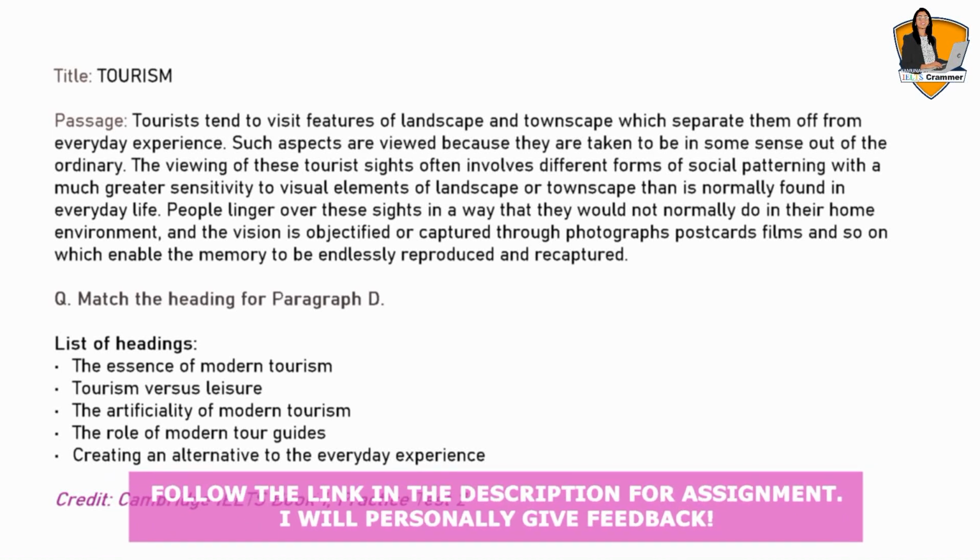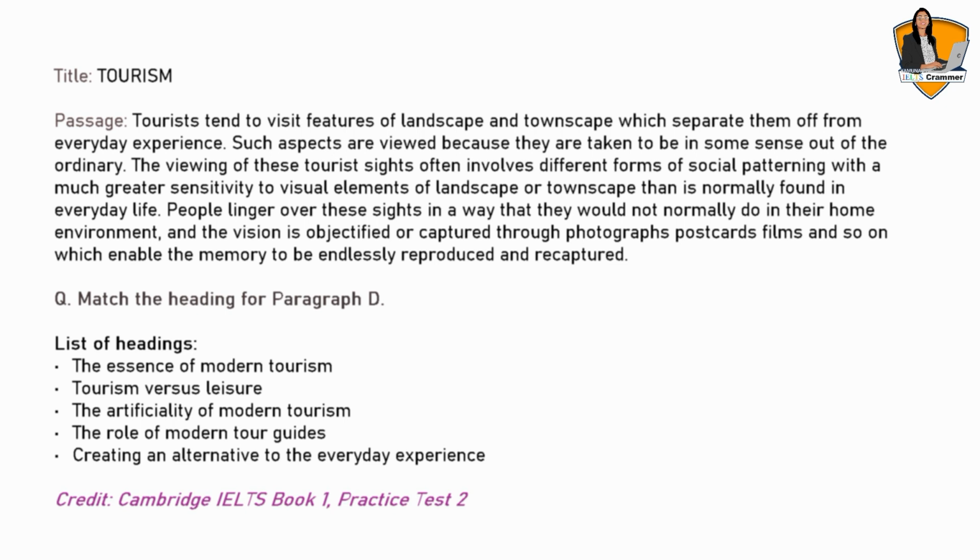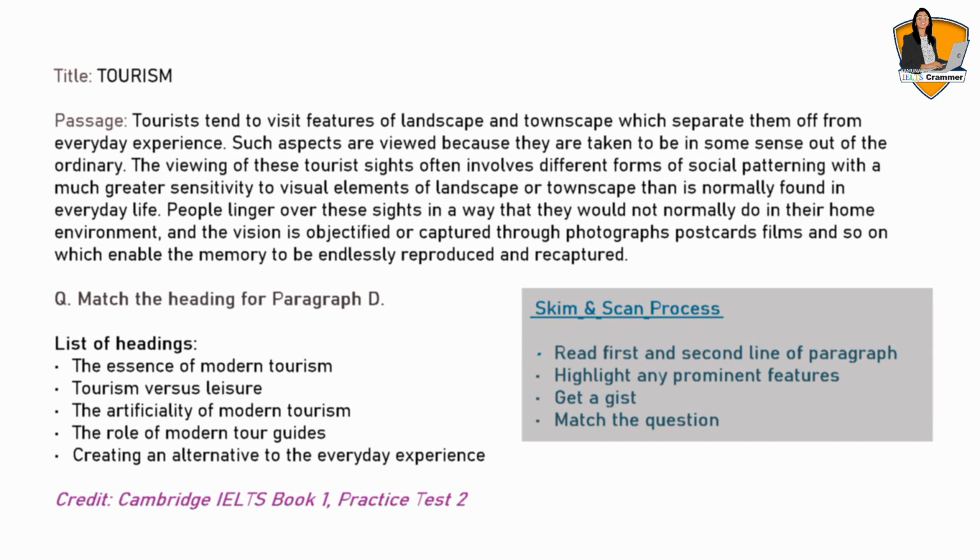Now the next thing that you need to do is read the first and second line of the paragraph, and if there's anything important or anything that catches my attention, we will highlight them. So tourists tend to visit features of landscape and townscape which separate them off from everyday experience. Something which catches my attention is features of landscape and townscape, so I highlight that.